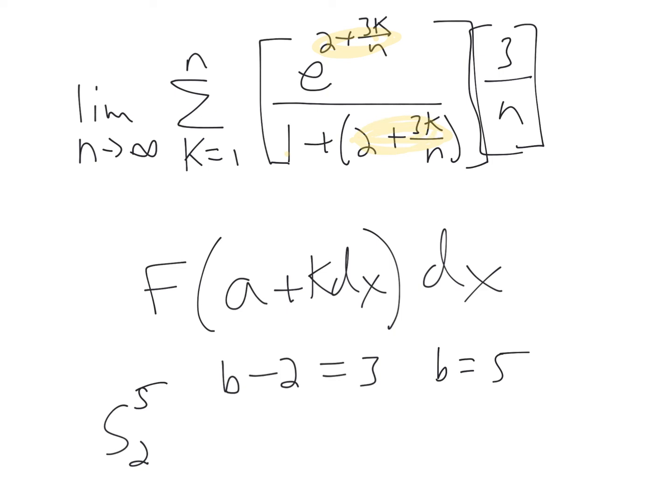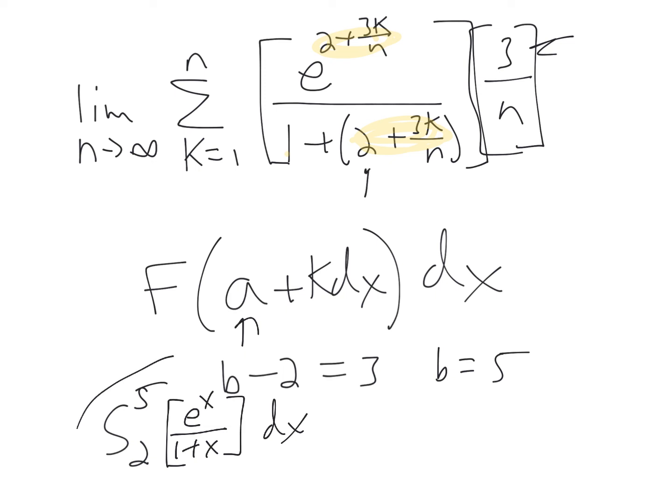So that must be the x. So we're going to write e to the x over 1 plus x, and then of course we need dx. Knowing that this is a is very helpful, and knowing that b minus that a is equal to the width is very helpful. Remember, if there's nothing here, then it starts at 0. So that's that definite integral.